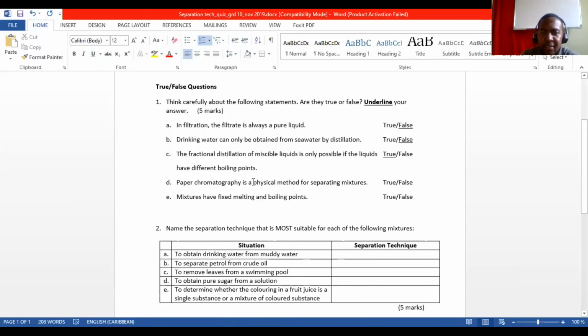But is it a physical method? Physical methods are the things that you can manipulate in order to get the separation, and we do manipulate paper chromatography to get them separated. So it is a true statement. All our separating techniques that we did last class were physical methods.